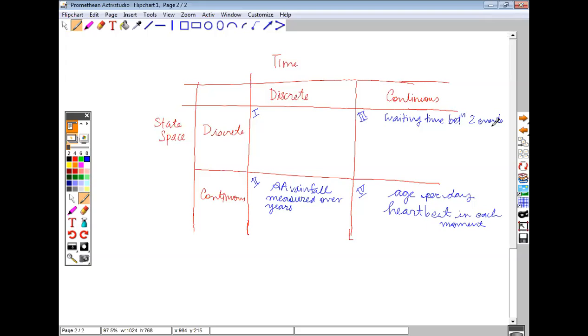So for such examples, there is a theory in probability theory, you have queuing theory, wherein you study Poisson processes. So all of these Poisson processes will exactly come under the third category, right?